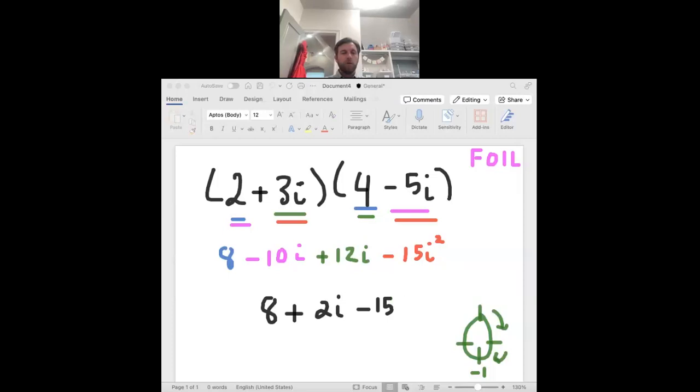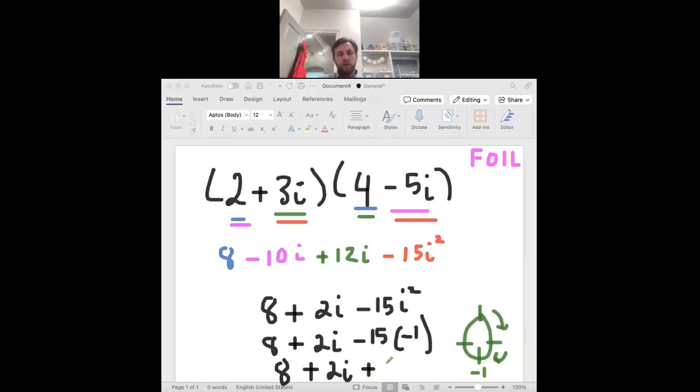So we say 8 plus 2i minus 15, replace the i squared with negative 1 now. And so that becomes negative 15 times negative 1, which becomes positive 15. So that's 8 plus 2i plus 15.